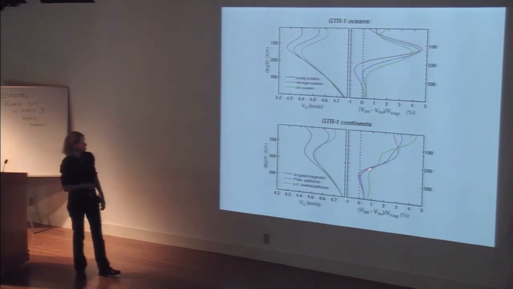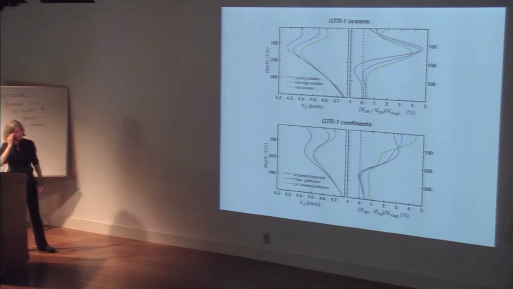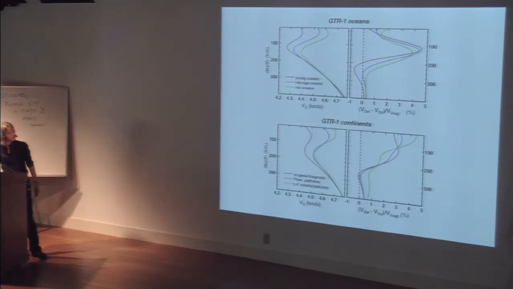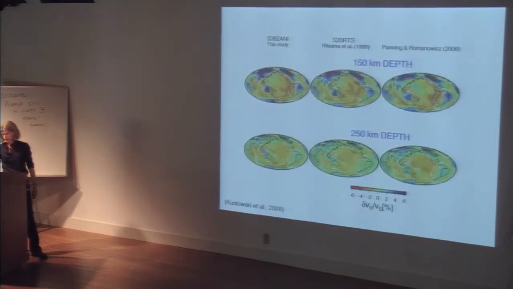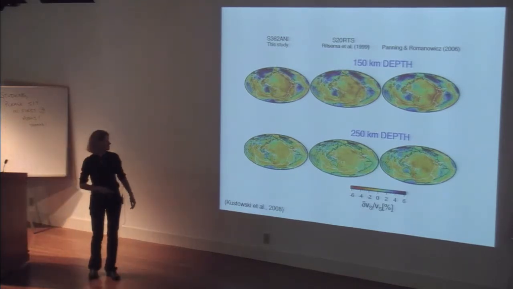Whereas in the continents, the character is quite different, and the largest anisotropy is found in the shallowest regions of the mantle, decreasing with depth. And there's potentially a secondary maximum that Barbara has actually mapped out under the continents. But it looks quite different between the continents and the oceans is the main thing there. And we can talk more about that. I don't know why it is, and so on and so forth.